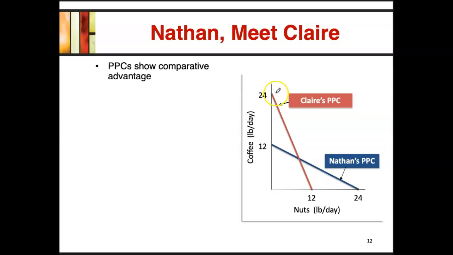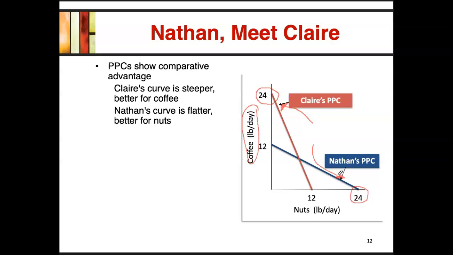Clearly we can see that Claire, no pun intended, has a comparative advantage in producing coffee, like we said earlier, because her production possibilities curve steeps towards the coffee side, which is our y-axis. And Nathan has a comparative advantage in producing nuts, because his production possibilities curve slopes towards the x-axis, which is nuts.